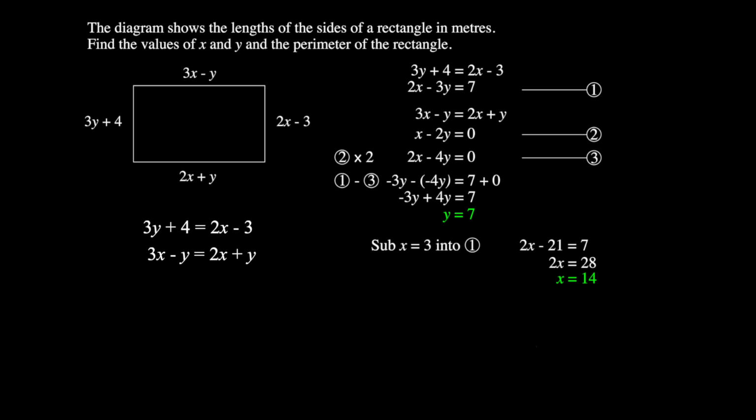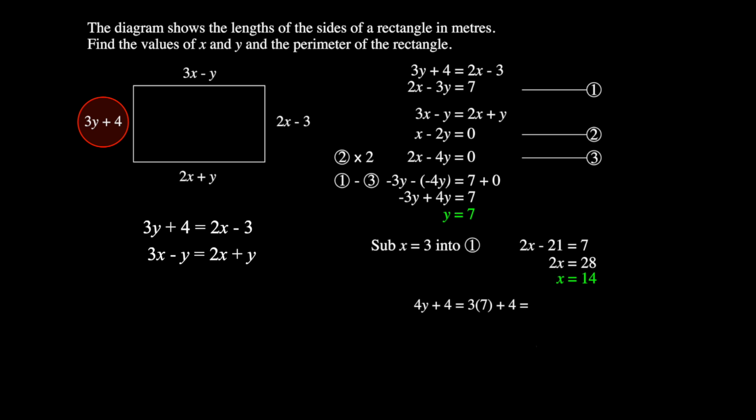So we have our values for x and y, and hopefully, if we substitute these values into our original sides, we should end up with 3y add 4 is equal to 2x subtract 3, and 3x subtract y is equal to 2x add y. So let's start by substituting our values into 3y add 4.